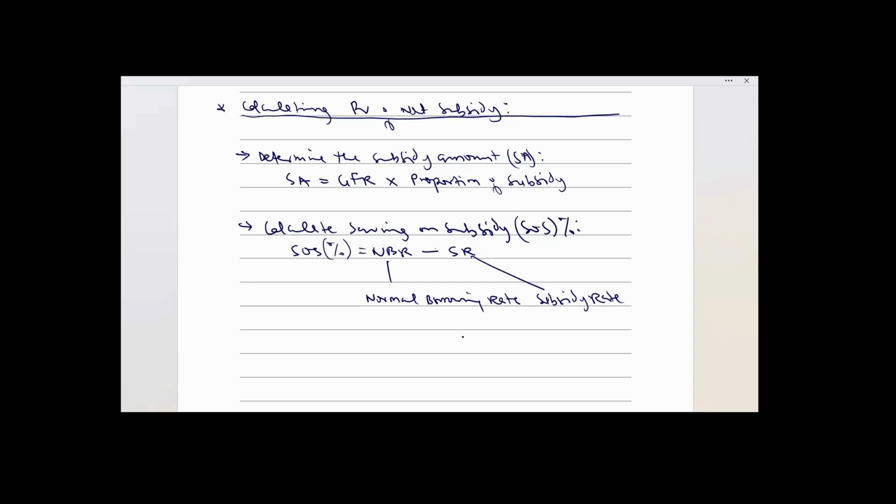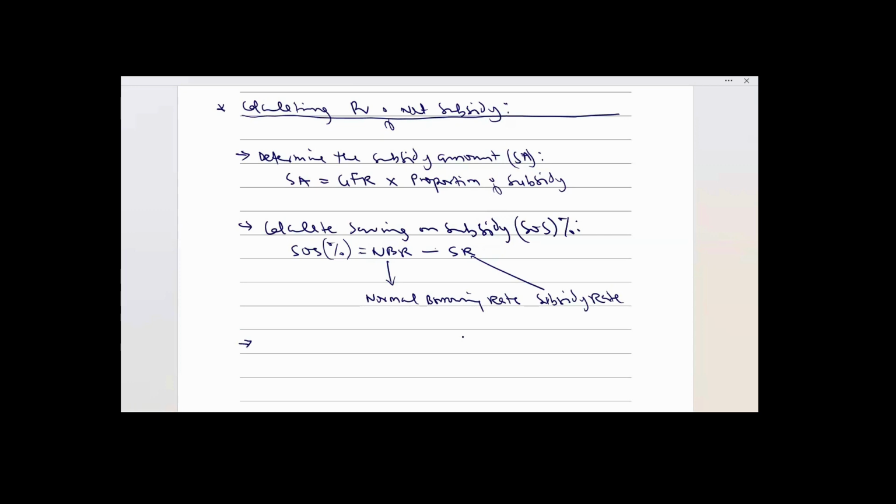When I say normal borrowing rates, it simply means the interest rate on your normal borrowing. When you want to borrow through the market, the interest that you are going to pay on the loan that you want to borrow is your normal borrowing rate. Then SR simply means subsidy rates, the interest rate associated with the subsidized loan. So that's just that.